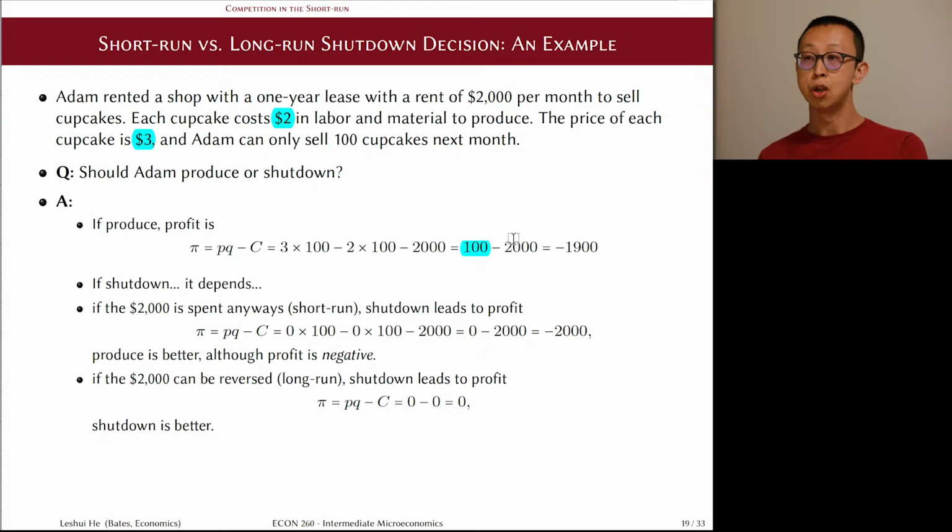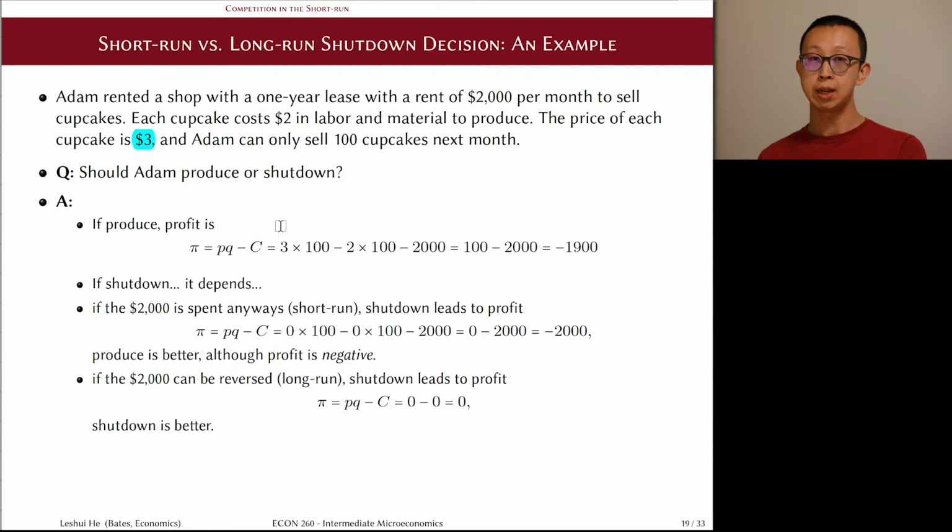So in that case, when the price is below the average variable cost, shutting down is a better option for Adam. Now let's think about yet another alternative. Let's say the price is still $3, but Adam was actually thinking about these two choices before signing the lease.